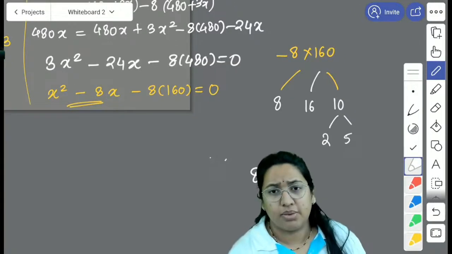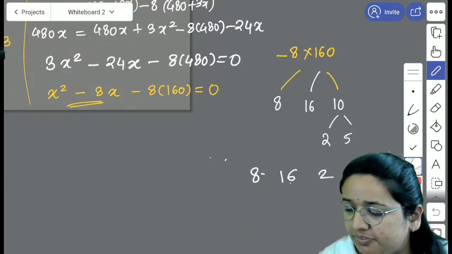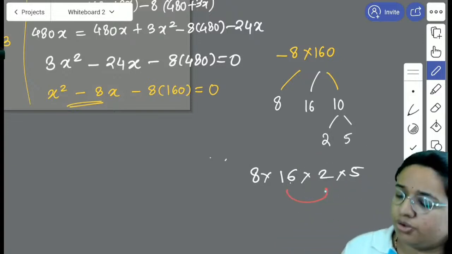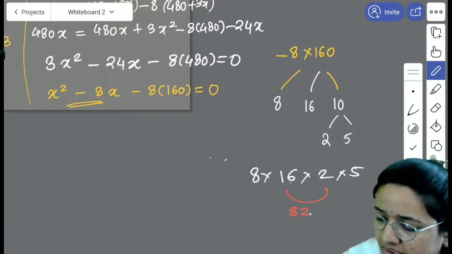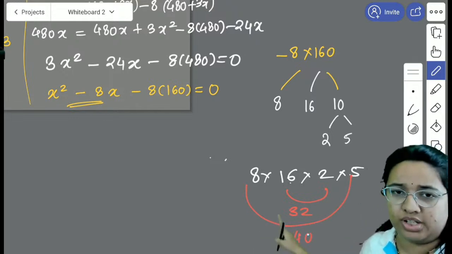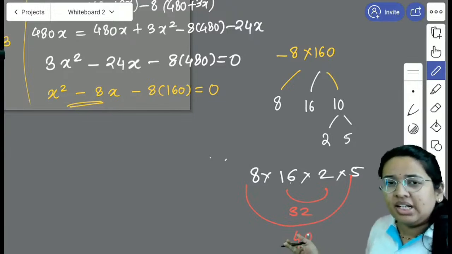You have to combine these in some way, such that 16 into 2 will give you the answer 32 and 8 into 5 will give you the answer 40. And I know that the difference between these two is a minus, and that's it.